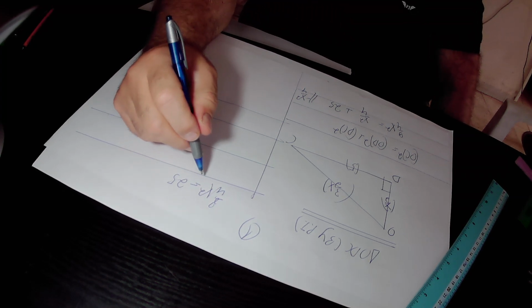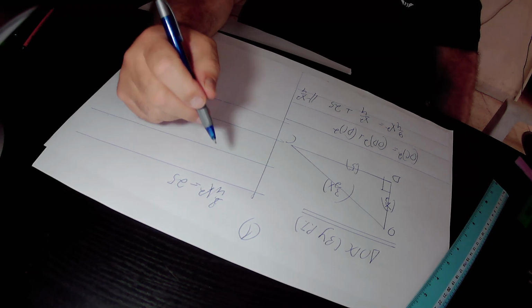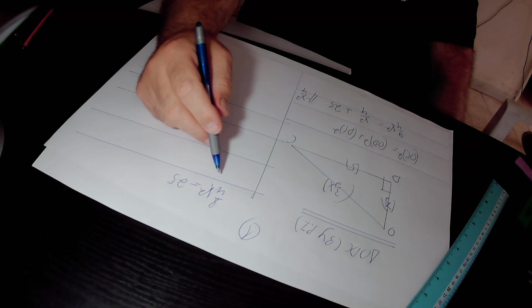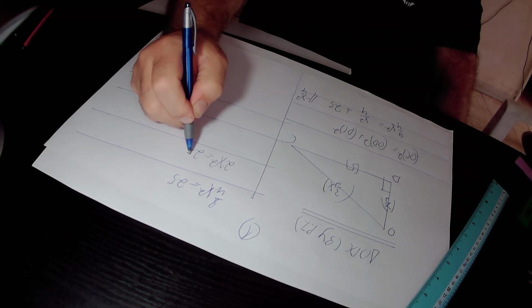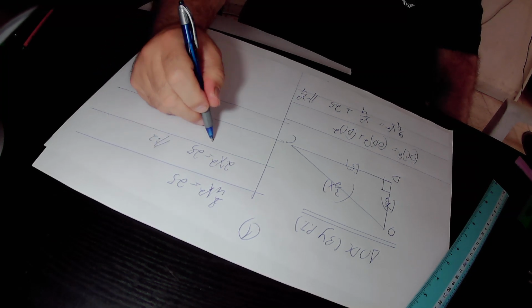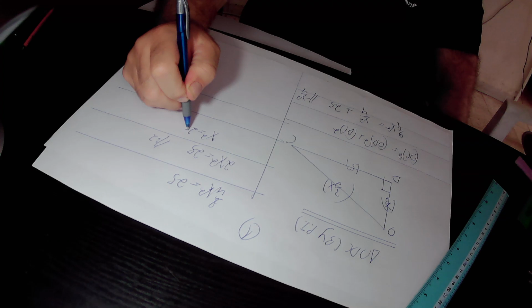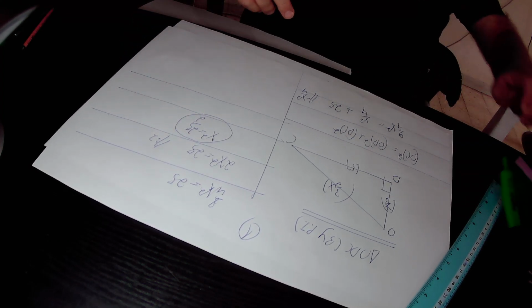So 8 quarters x squared equals 25. 8 over 4 is 2, so this expression equals 2x squared, and 2x squared equals 25. Here we divide this equation by 2, and finally we get that x squared equals 25 over 2.